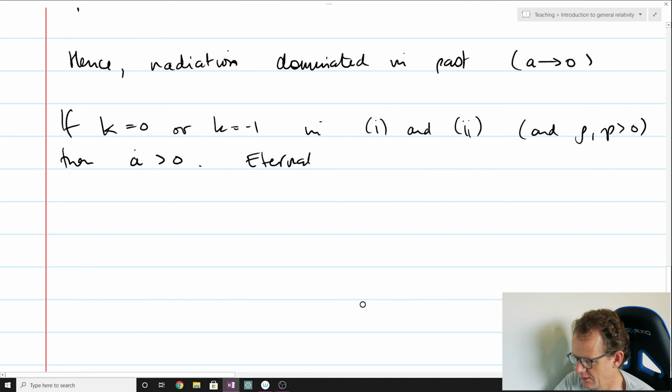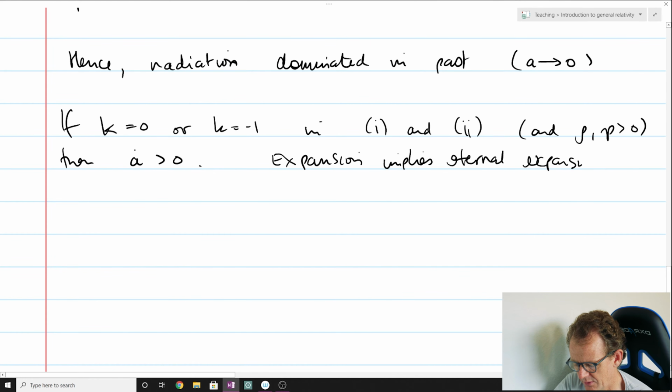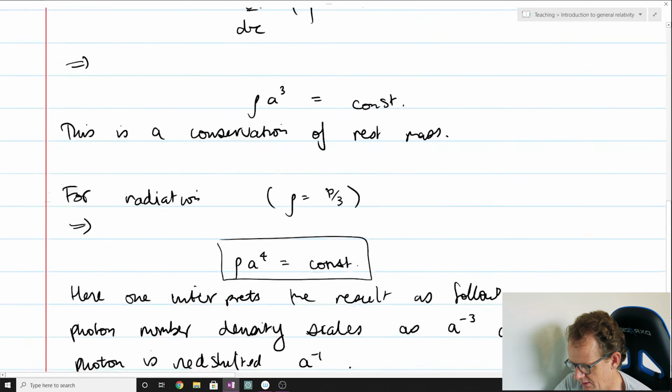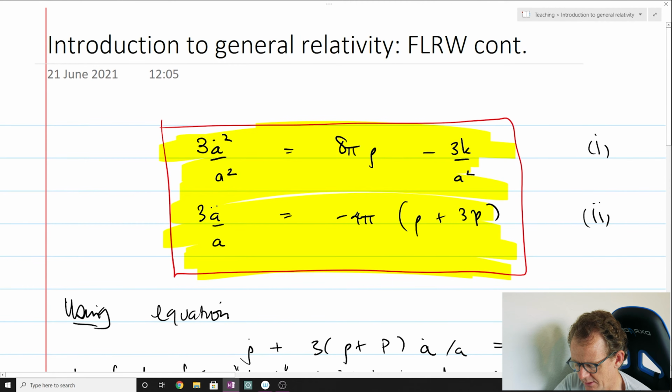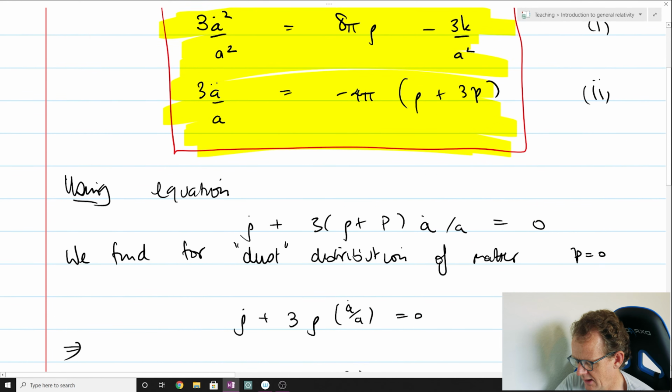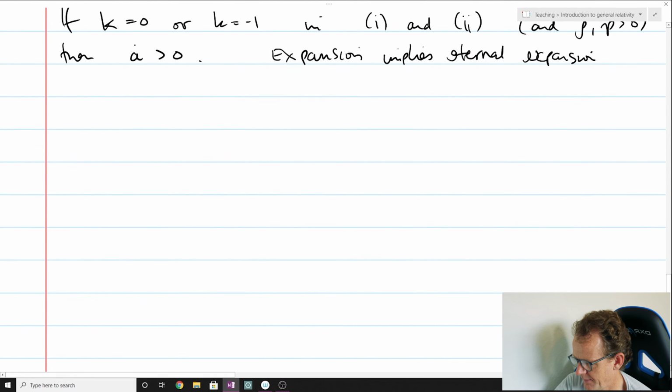Well, we learn that we were in a state of eternal expansion, because expansion of the universe has been established. Today we have expansion. And if you observe that you have expansion, namely that A dot is greater than naught, and you're in the K equals minus 1 scenario, then on the right hand side of equation 1 you have only positive stuff. So the derivative in A can never go to 0.